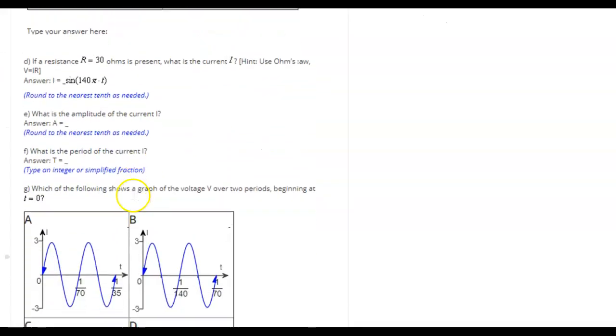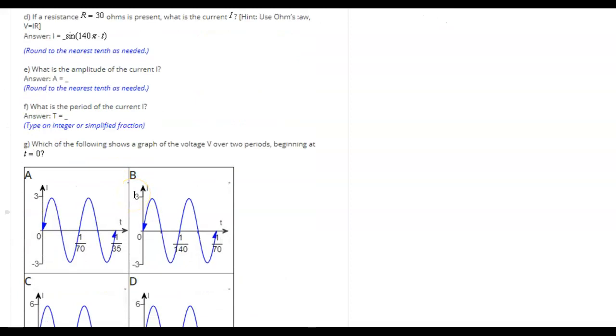All right, now going down, part D says, if a resistance R equals 30 ohms is present, what is the current I? And then it says, hint, use Ohm's law of V equals IR.